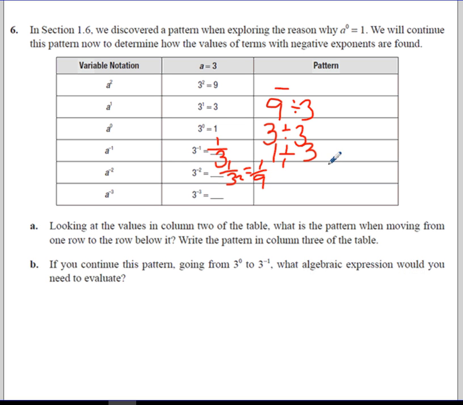Again, our pattern is take the previous answer, 1/3, and divide it by 3, which gives us 1/9. And then for our final one, 3 to the negative 3 power, again that negative says we flip it and make it 1 over 3 to the third power, which is 1 over 27, since 3 times 3 times 3 is 27. And if we take our previous answer of 1/9 and divide by 3, you get 1 over 27.